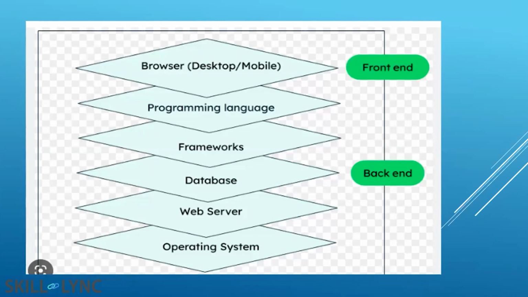Whichever browser I use doesn't matter. If I develop an application in Windows, it should come on Linux also, on Mac also, on Solaris also, whichever operating system. That is what we call platform independent.